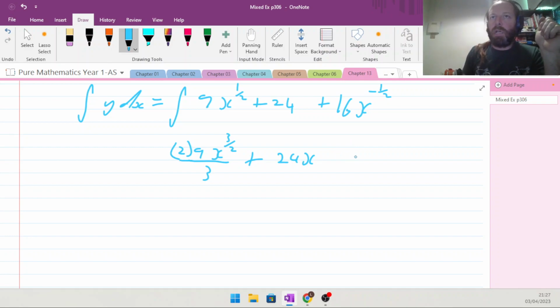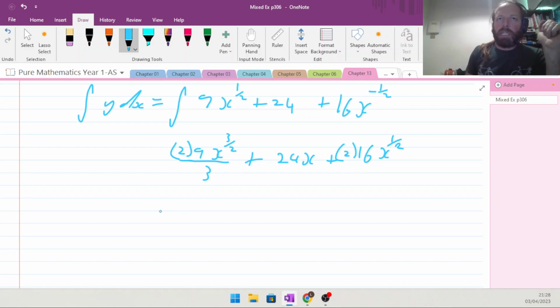And for 16x to the minus a half, it becomes plus a half, because we've added 1 to it, and we're now dividing by a half, so we're multiplying by 2 over 1, if you like.